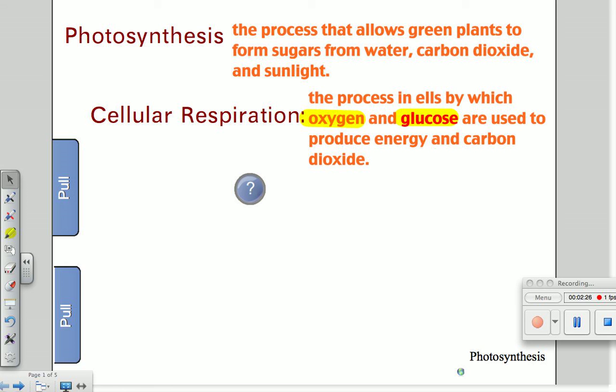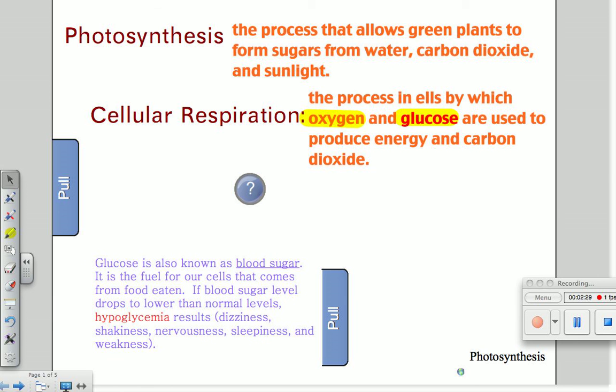Now I have a couple things down here, a couple little facts. Sometimes you might have heard of glucose being called blood sugar. Blood sugar is basically fuel for our cells that comes from the food that we eat.